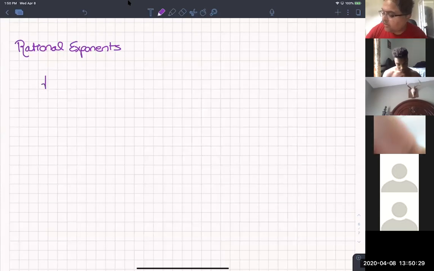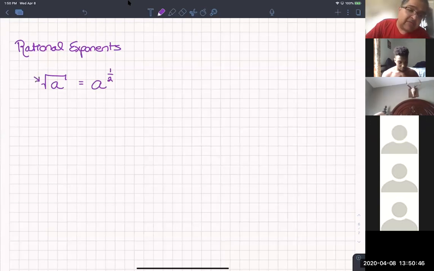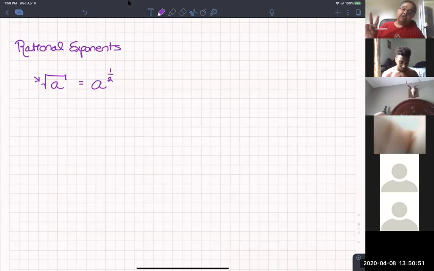So up to now, you've been dealing with the square root of a, and we can write the square root of a using a rational exponent. Remember, there's an understood number on the outside of this radical sign. It's called the index. If there is no number, the understood number is 2.